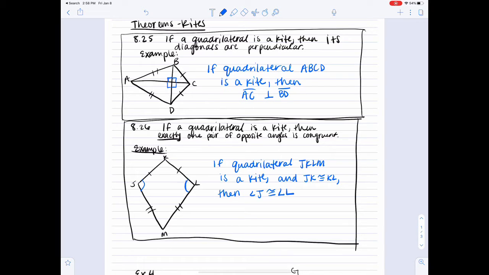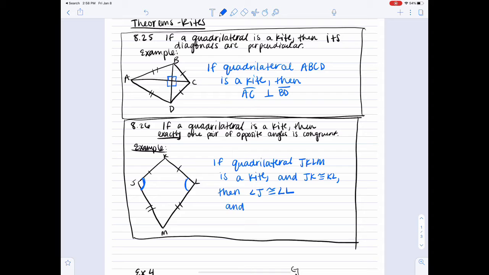Angle J is congruent to angle L. And angle K is not congruent to angle M, because only one pair of opposite angles is congruent. It is not, K is not congruent to angle M.